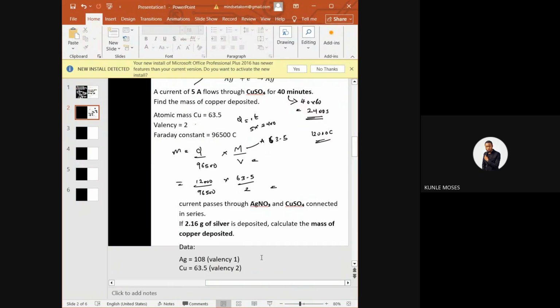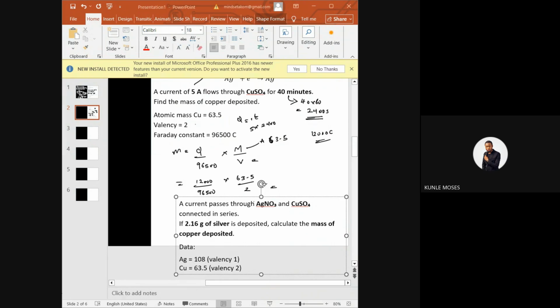So this is the question. A current passes through silver nitrate and copper sulfate. They are both connected in series. If 2.16 grams of silver is deposited, calculate the mass of copper deposited. This is actually simple. It's similar to what we did before. Please, are we doing it already?